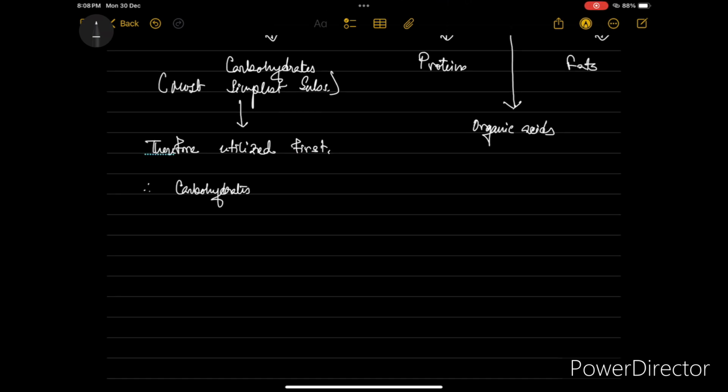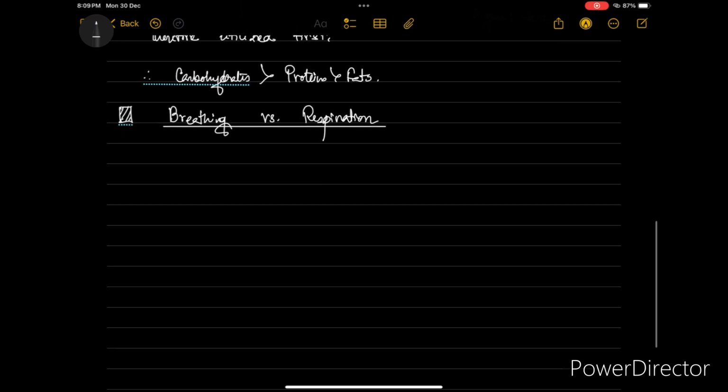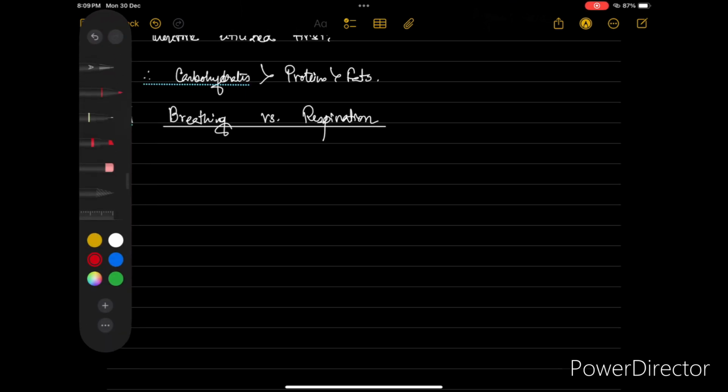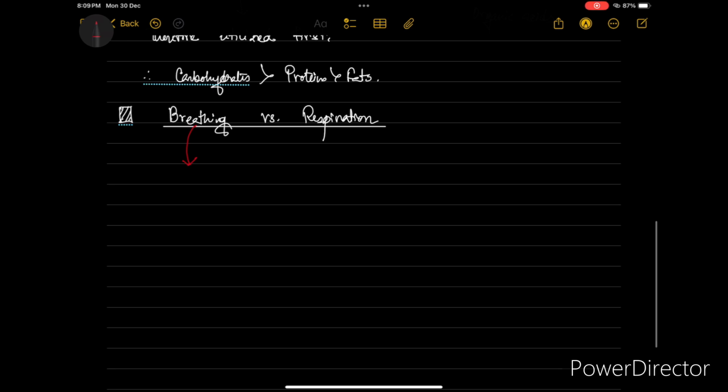The other respiratory substrates like proteins, fats, organic acids are oxidized subsequently. That is, carbohydrate is the first respiratory substrate which is oxidized from the very early process of respiration, followed by protein and fat.